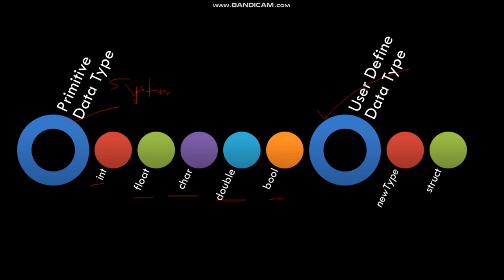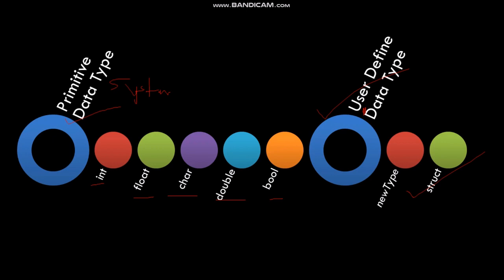When the system defined data types are not enough, most programming languages allow users to define their own data types, called user defined data types. Now, in C++, a very good example that can be seen is struct.